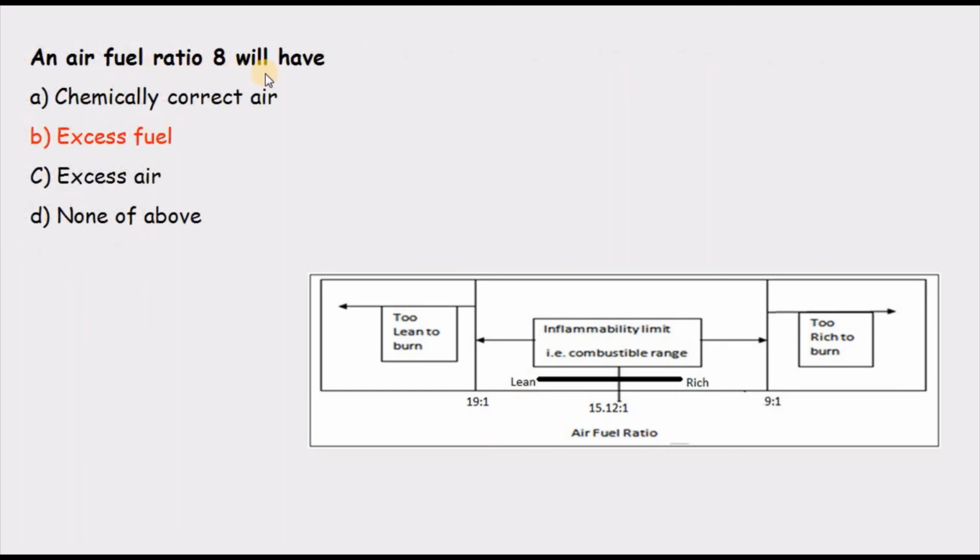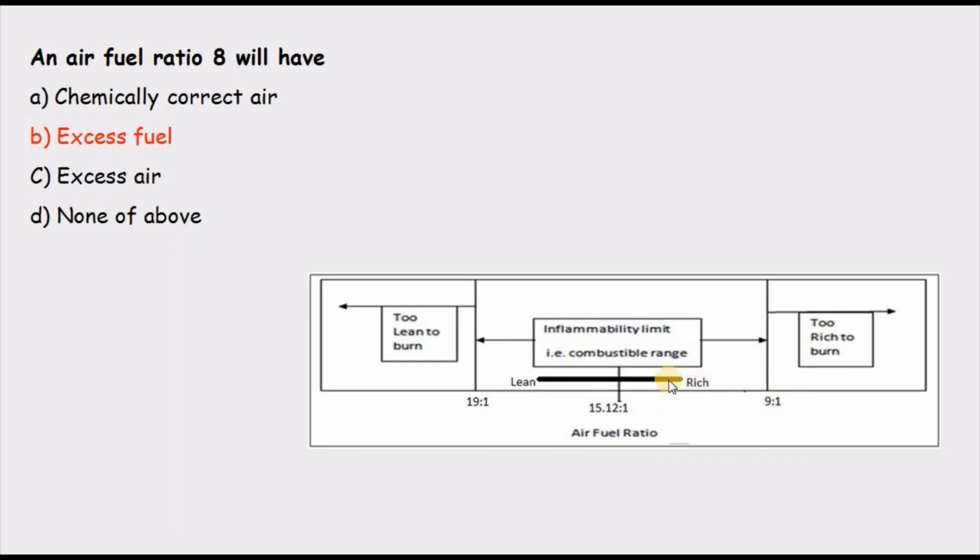And air fuel ratio 8 will have, the options are chemically correct air, excess fuel, excess air, none of the above. So here this is stoichiometric, and as you go to the richer side, 8 is somewhere here. When we say 8:1, it means 8 proportions of air per unit of fuel being supplied. That means 8 portions of air is lesser than 15, which means we are saying rich. In other words, we are supplying less air, and correspondingly, the proportion of fuel is more.